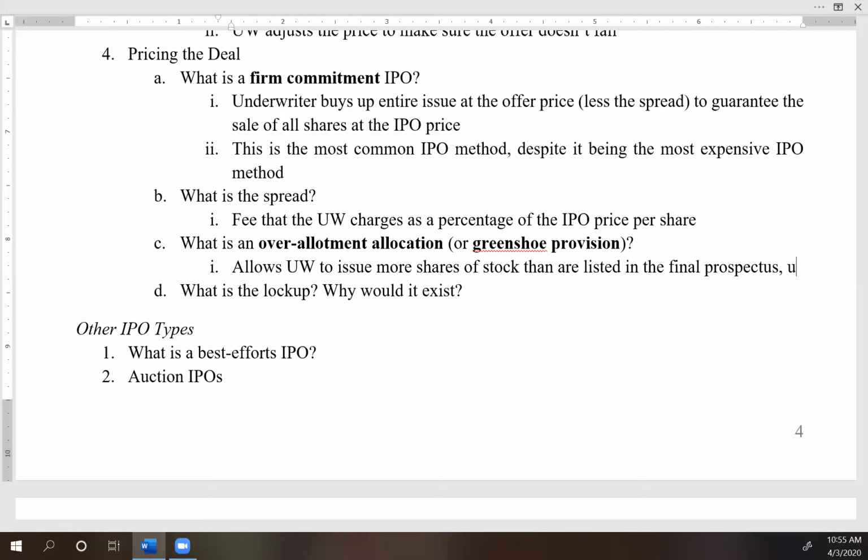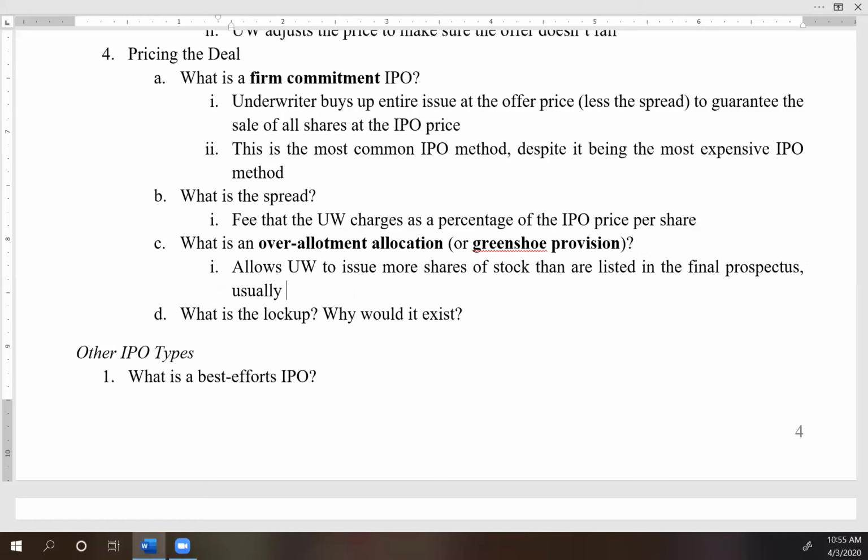Usually, the common structure is that it'll be up to 15% of the original offer size. The price still follows the typical IPO price, and so this overallotment allocation allows the underwriter to issue more shares at the IPO price, usually up to 15% more shares.